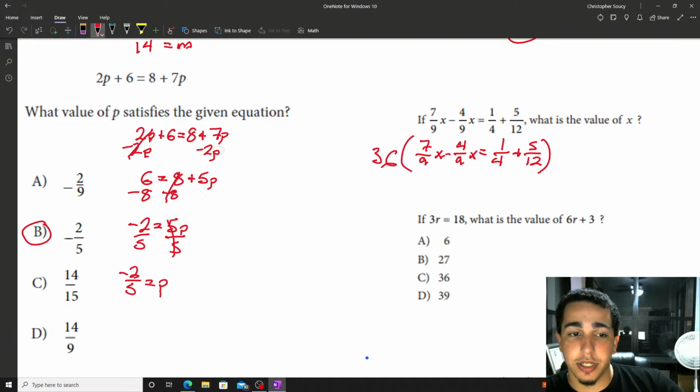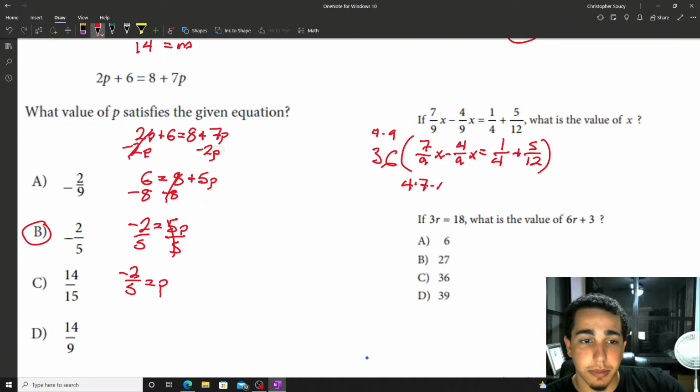When we multiply 36 by 7 over 9, this 36 is 4 times 9. The 9 from the 36 and the 9 on the bottom cancel. So we'll have 4 times 7 times x minus, the same thing happens when we multiply 36 by the second term.